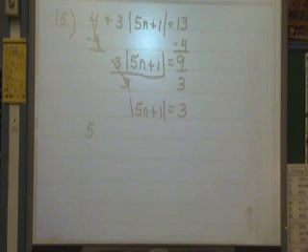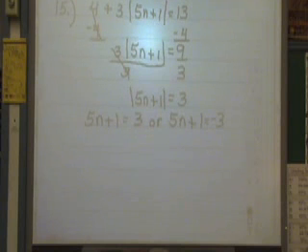Okay, so 5n plus 1 equals 3, or 5n plus 1 equals negative 3. And you subtract 1 from both sides. So 5n equals 2, divided by 5, and n equals 2/5.